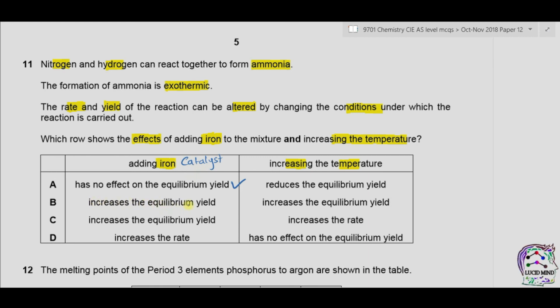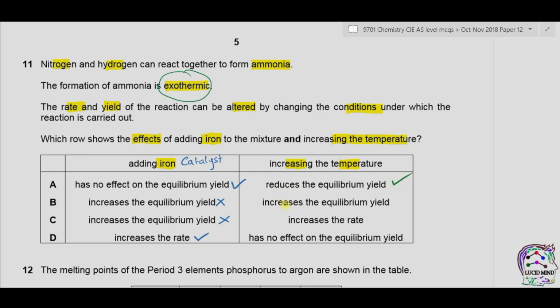Part B, increases the equilibrium yield. No. Part C, increases the equilibrium yield. Again, it is incorrect because it does not have any effect on the equilibrium yield. D, increases the rate of chemical reaction. Now, as the reaction is exothermic, increasing the temperature will decrease the yield of product. So it reduces the equilibrium yield of ammonia.